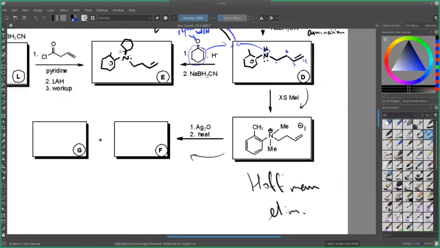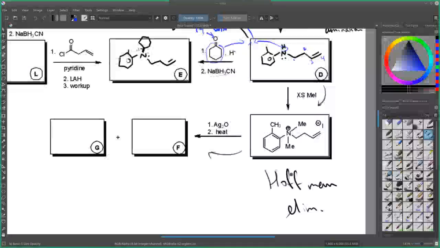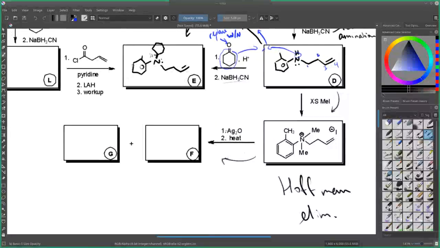Cool. So what hydrogens do we actually have to remove? Well, let's see. We've got these three. Can we make a double bond anywhere with this carbon though? No. There we go. Okay, so we can't use those.